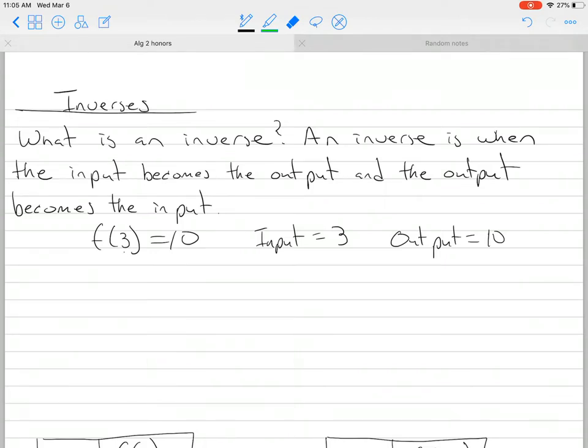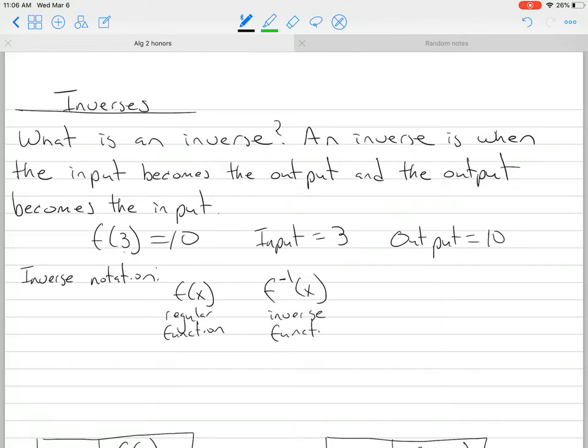So that means if I'm going to write the inverse, so I don't know if this is what it's actually called, but I'm just going to call it inverse notation. If we have f of x, that is a regular function, and f to the negative 1 of x is the inverse function.